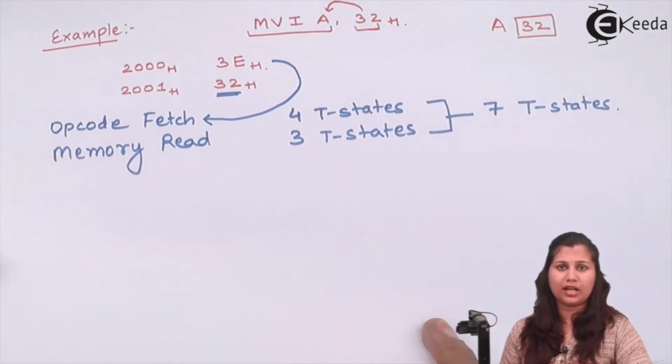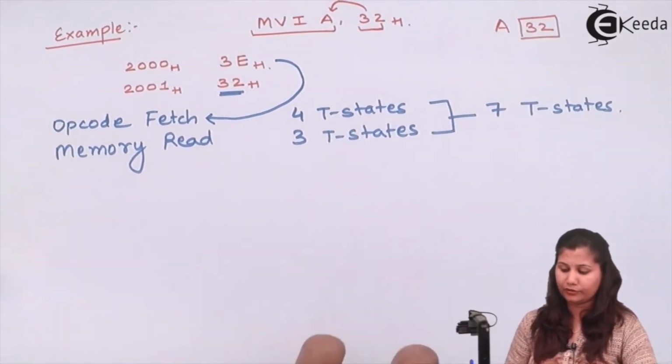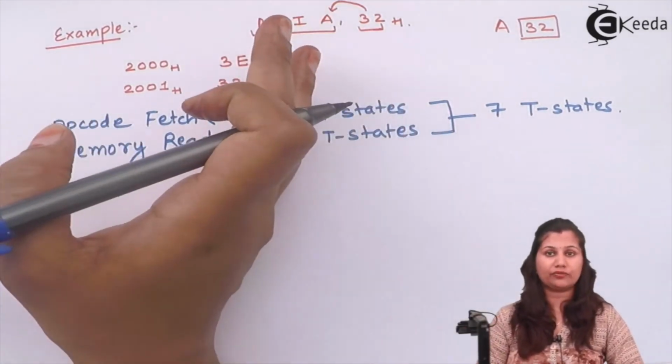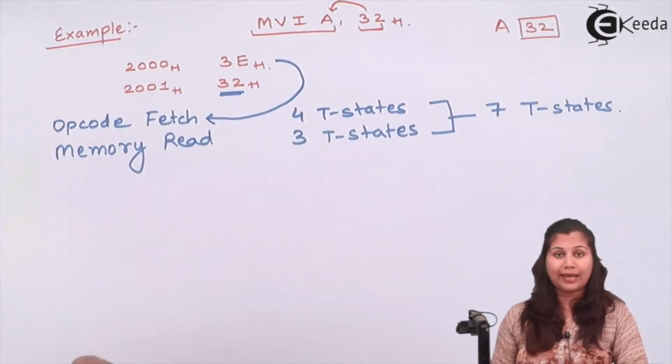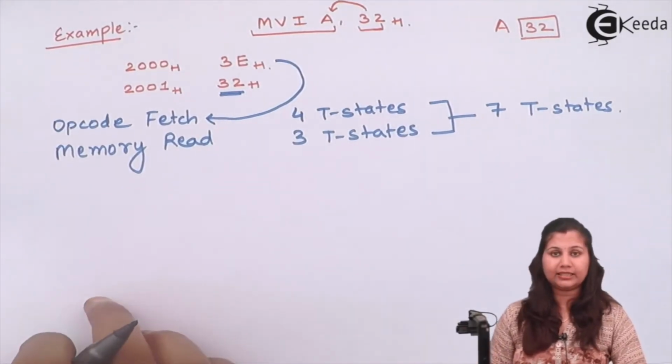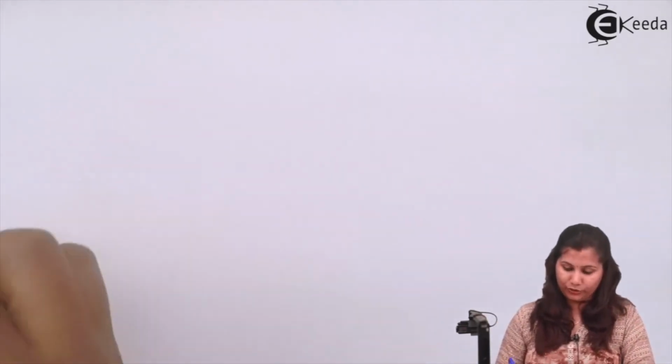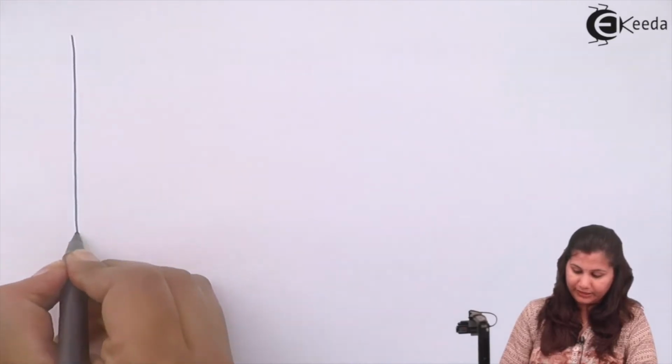Many questions are asked in universities about drawing the timing diagram, how many T states an instruction will require, and how much time it will take. Let's see how those questions can be solved. We have 7 T states, so here we are going to draw 7 T states.